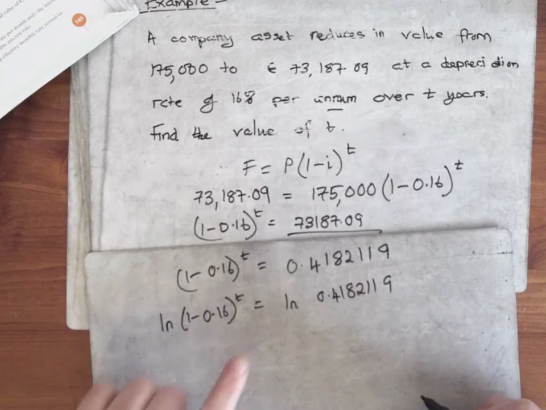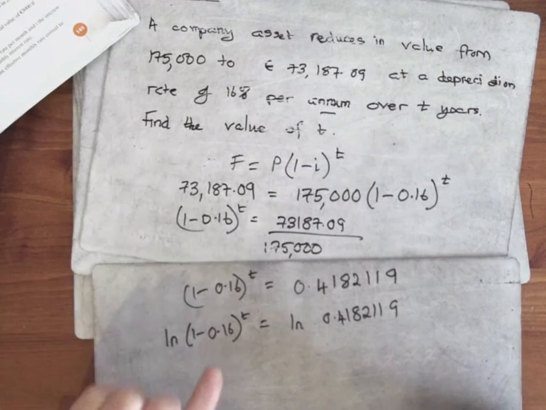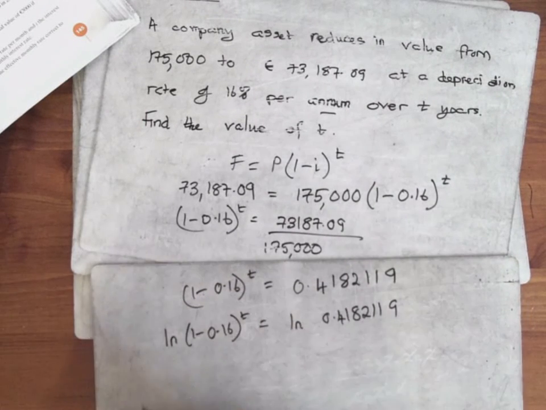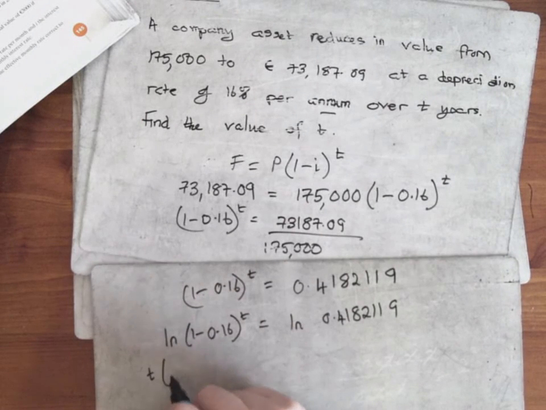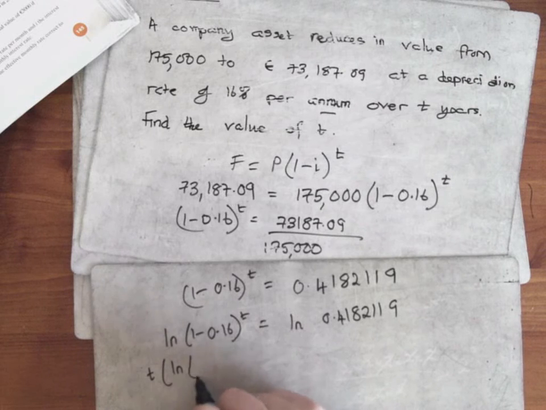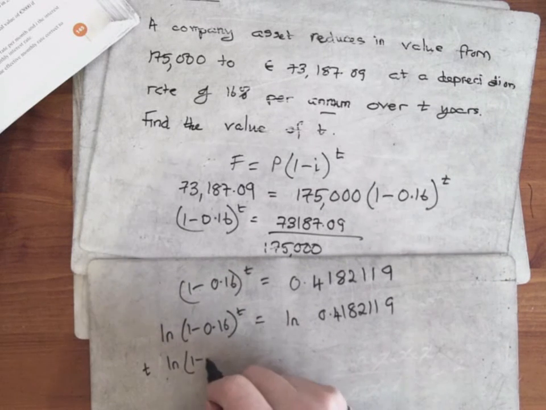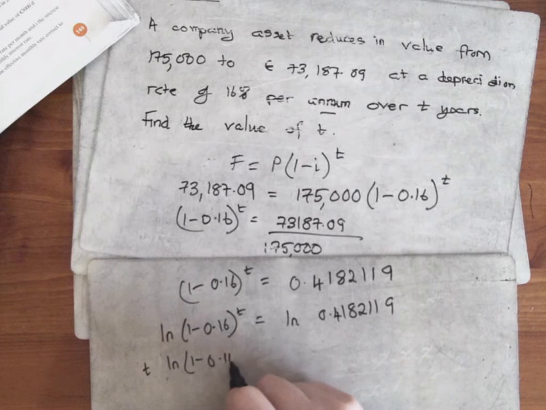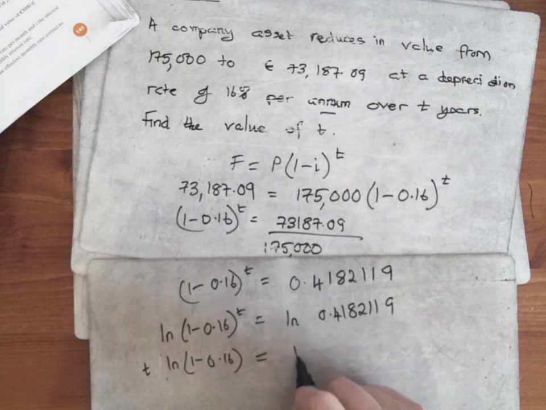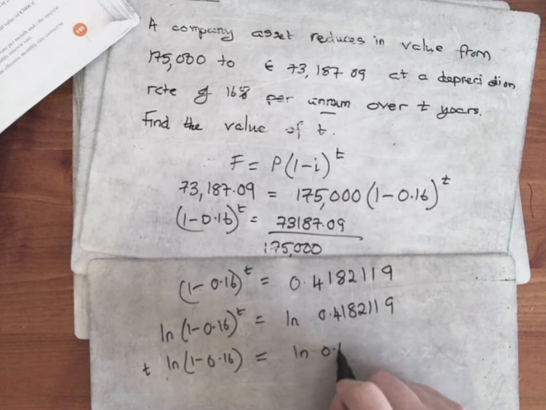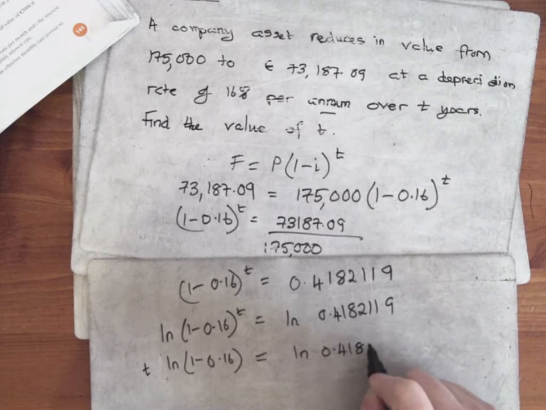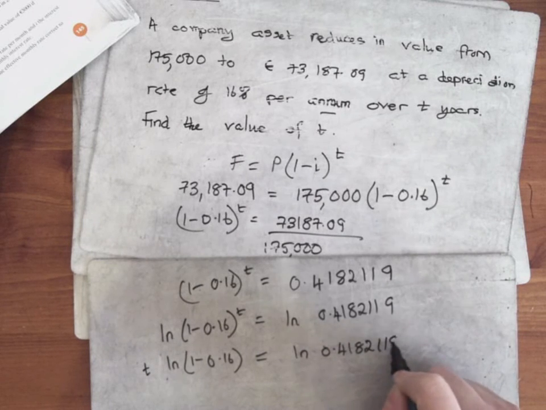remember the rules of logs. You're allowed to bring the power down in front. So that's t times ln of 1 minus 0.16 equals ln 0.4182119.